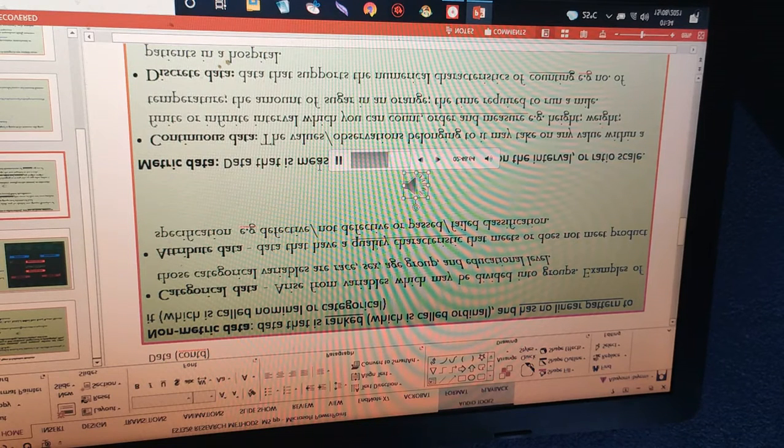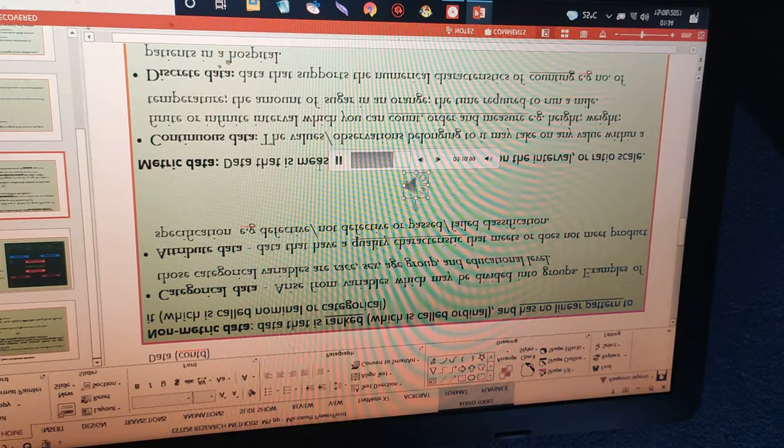Then metric data is measured in real numbers, usually on the interval and ratio scale, because those are real numbers. So continuous data: the values of observation belonging to it may take any value within a finite or infinite interval which you can count.